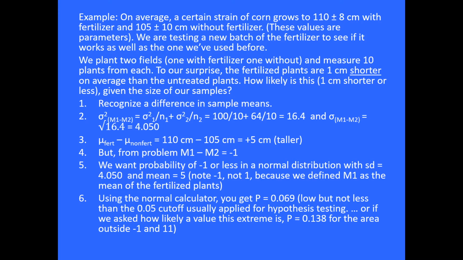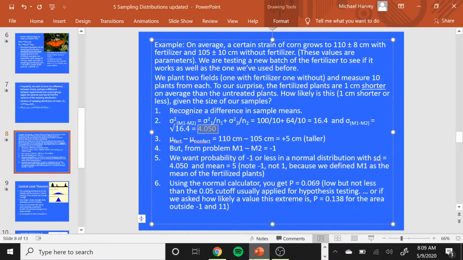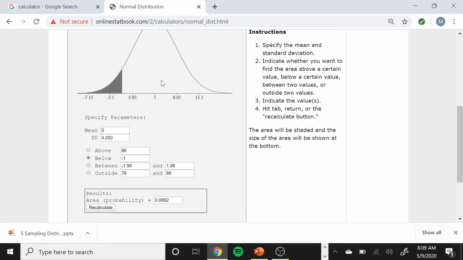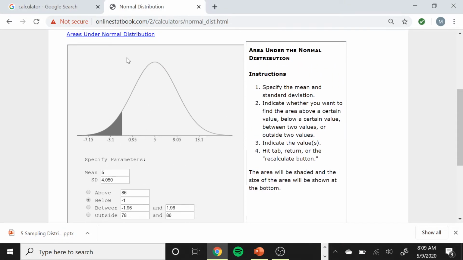So from time to time, even if the fertilizer is behaving like normal, and that's what these graphs show us, this is the difference between fertilized plants and unfertilized plants. Even if it's behaving normally, on average, with samples of 10 each, you're going to get means of 5.